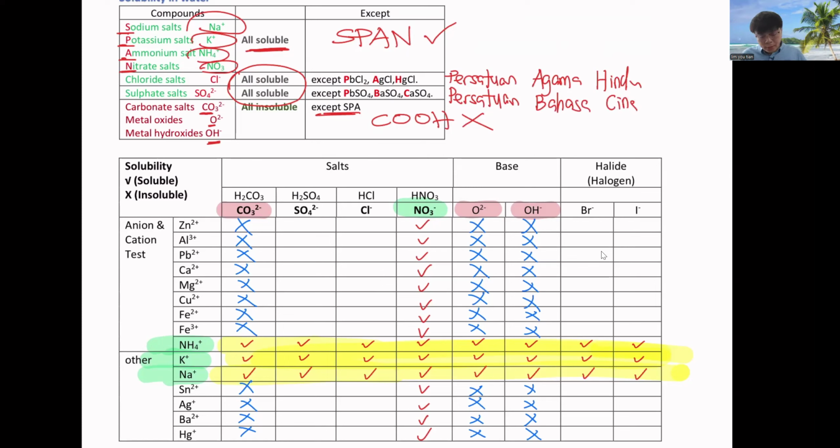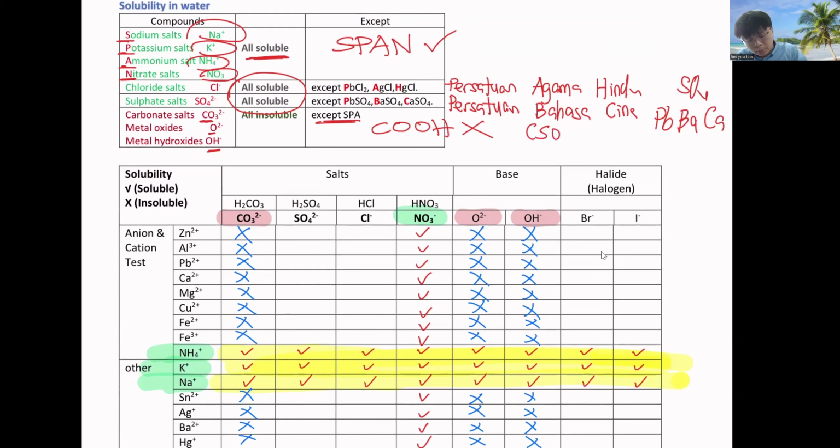So for SO4, all soluble except Persatuan Bahasa Cina. Cina is calcium. You just remember that for the sulfate it is soup. Then for the Cl, you remember curry. So curry is Persatuan Agama Hindu. Then SO4 is soup, which is Persatuan Bahasa Cina. For curry, Cl, Persatuan Agama Hindu, not soluble.